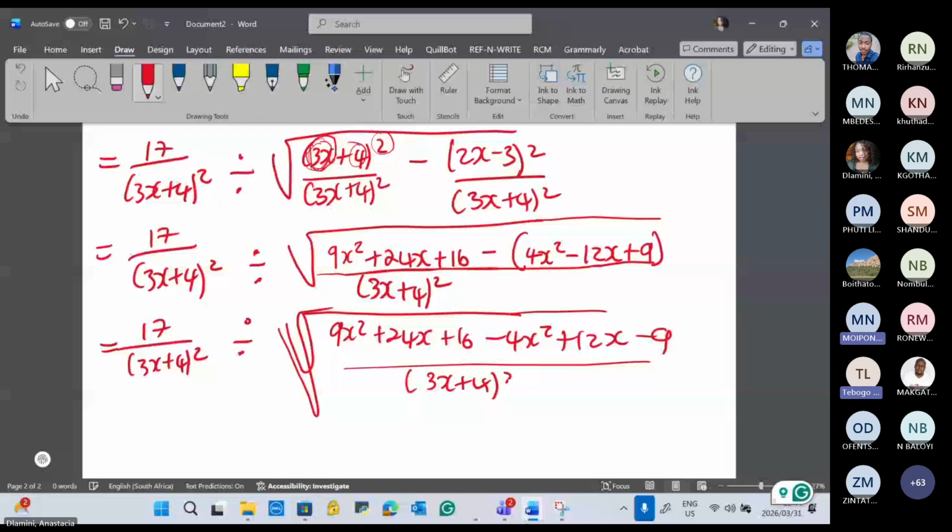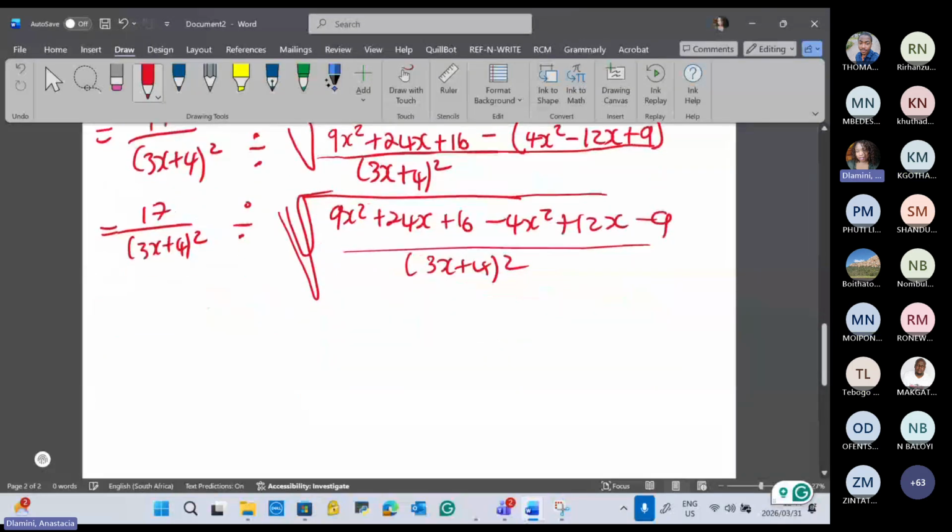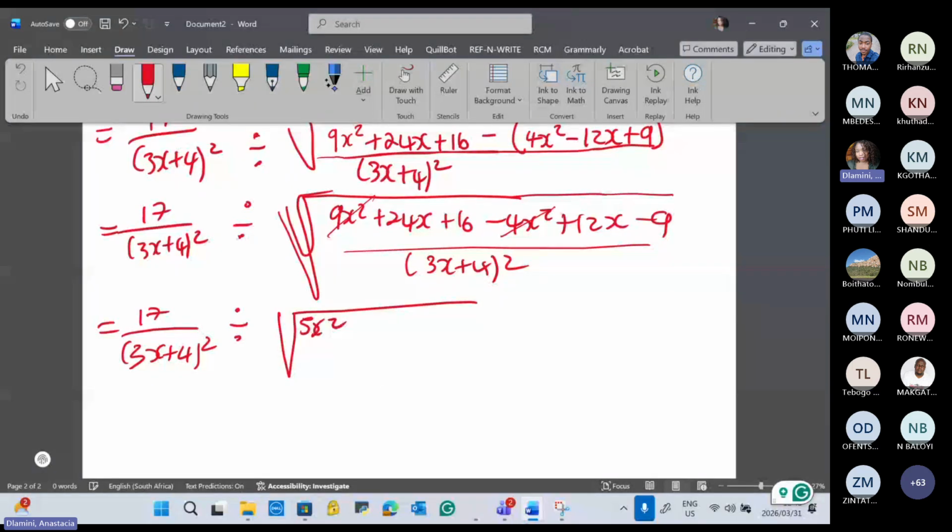Yes, ma'am. So this is equal to 17 over (3x plus 4) squared divided by. Now this and this, they give us 5x squared. This and this, they give us plus 36x. This and this, they give us plus 7.